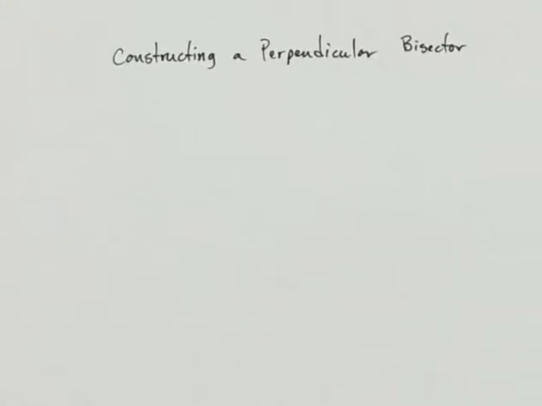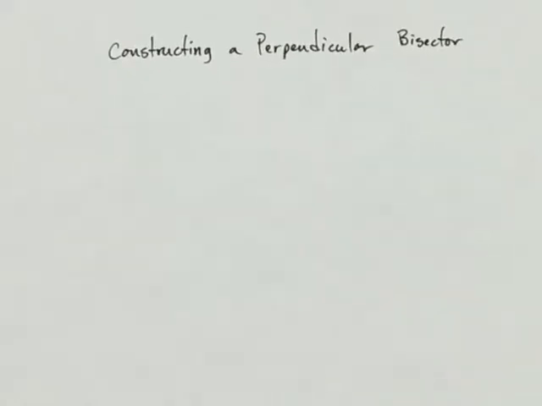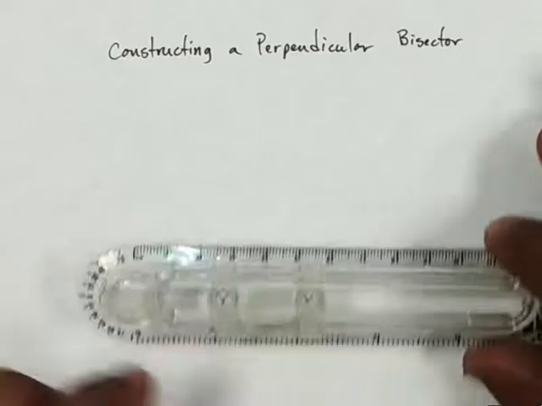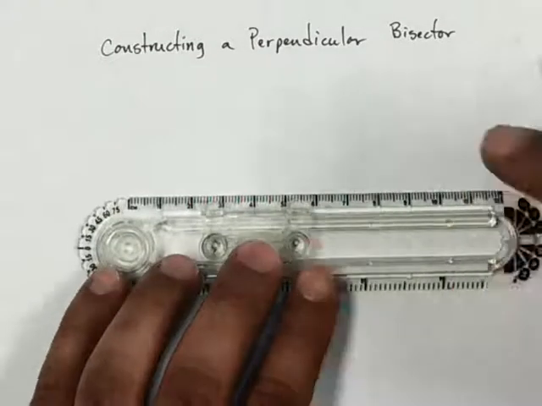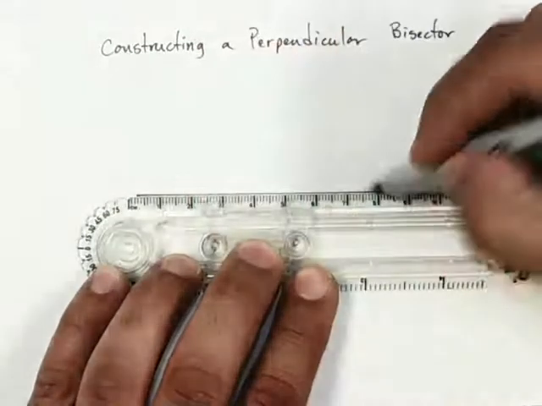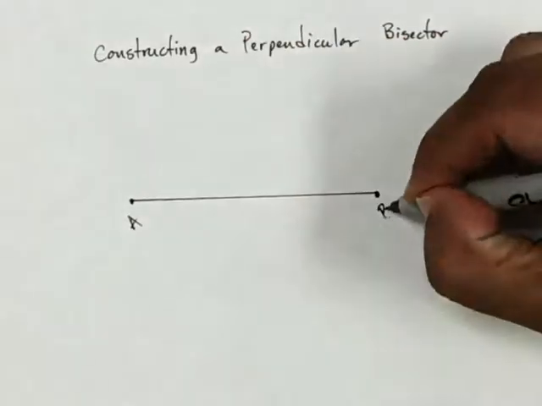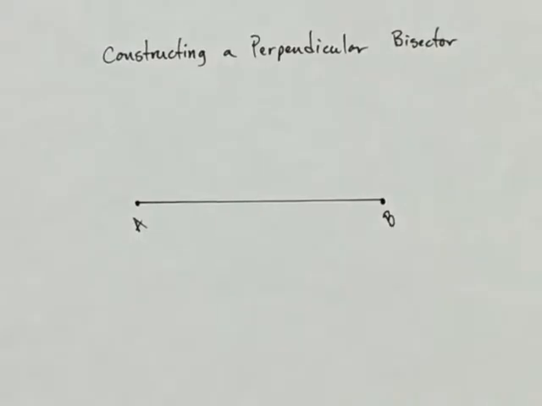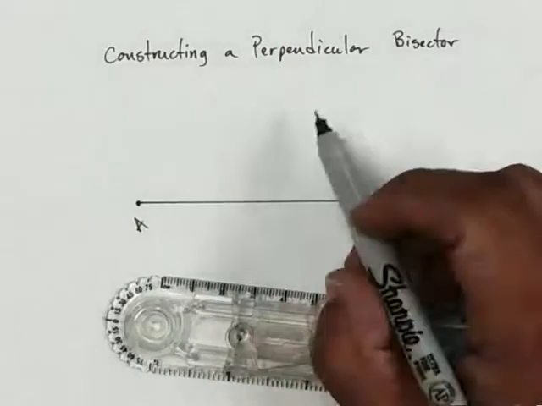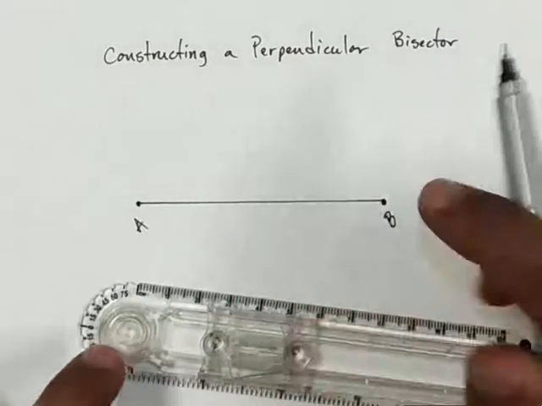All right, next construction is we're going to construct a perpendicular bisector. So again, we start off with a segment, and we'll call this line segment something original, line segment AB. Now when we're constructing a perpendicular bisector, we kind of need to estimate.